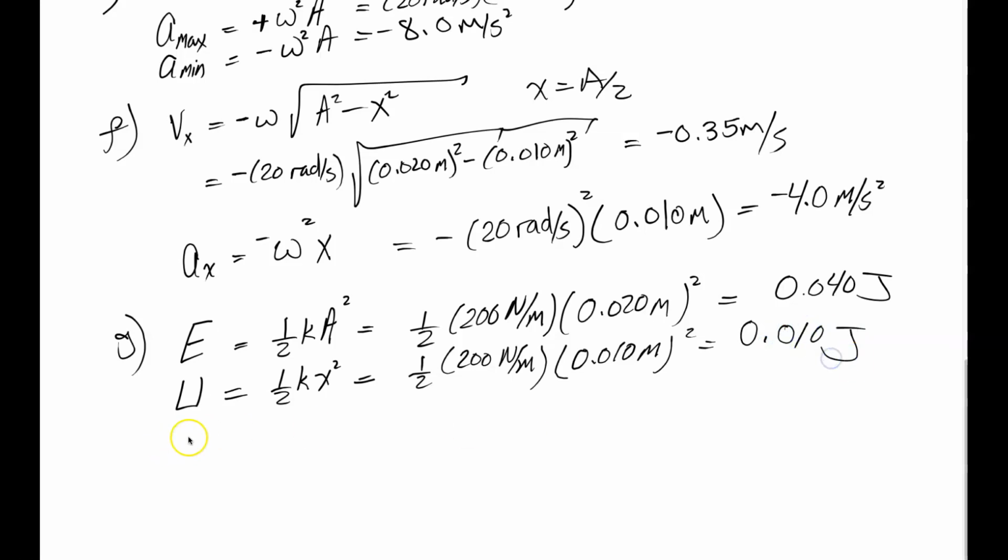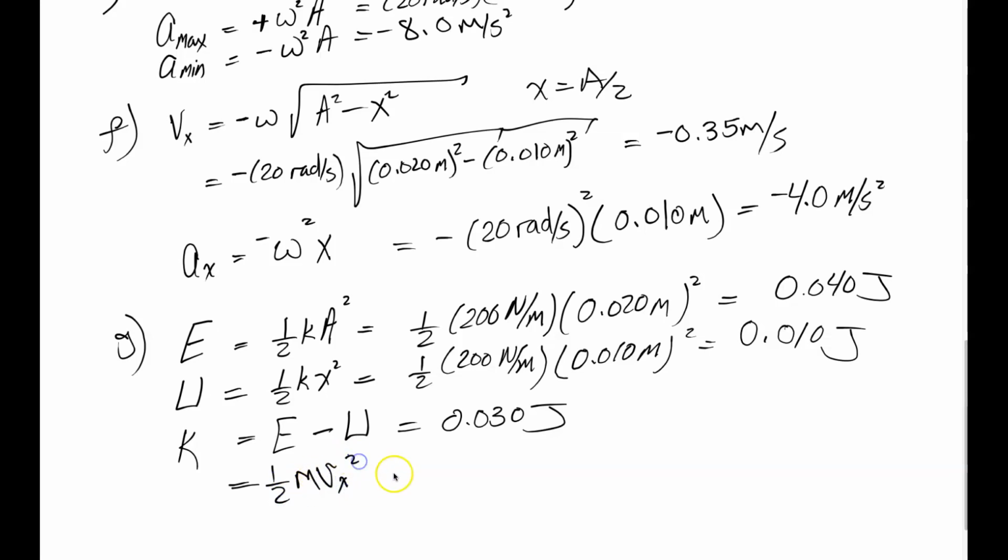or 0.01 joule. And then the kinetic energy, you could do it one of two ways. Since you know what the total energy is, you can say kinetic energy is E minus U, which will give you 0.03 joules, or you can say it's 1/2 m Vx squared, and that's going to be 1/2.